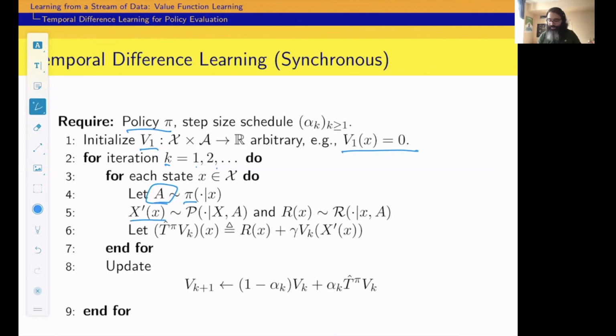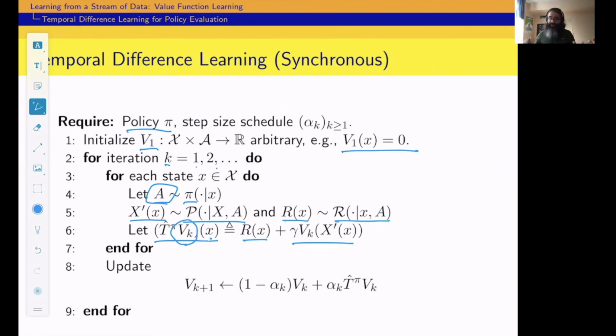So that's a random variable from P, and we get R(x) from distribution R, and then define the empirical Bellman operator being applied to V_k at state x, which is the reward plus gamma times V_k.